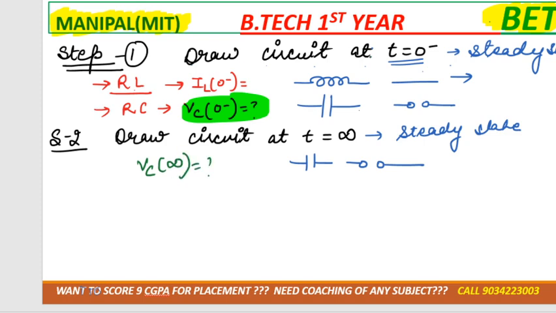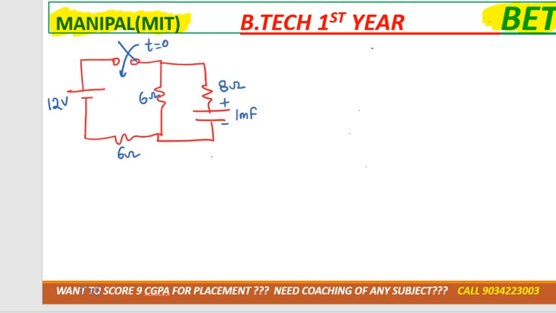Okay, if at 0 minus we need to calculate VC of 0 minus, at infinity we need to calculate VC of infinity. So I'm redrawing the diagram again, like this was the question. So we have to draw the circuit at t equal to infinity. At t equal to 0, the switch is closed, so tell me, at t equal to infinity, the switch is opened or closed?